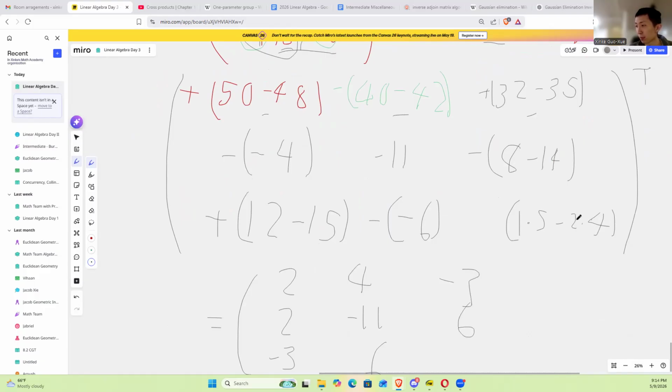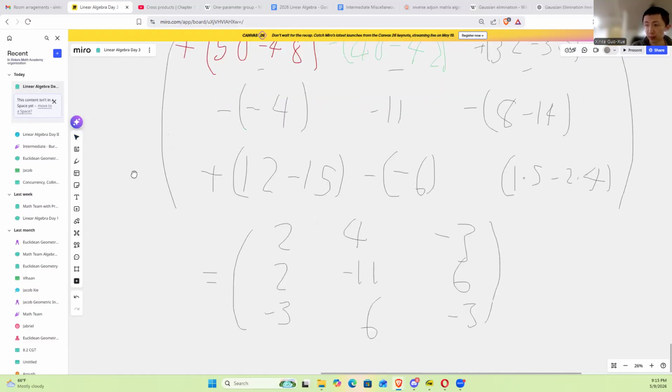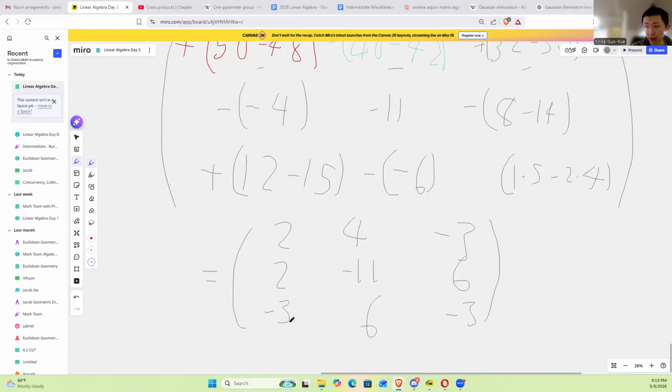This is 1 times 5 minus 2 times 4. So the inverse is this matrix divided by the determinant of A.